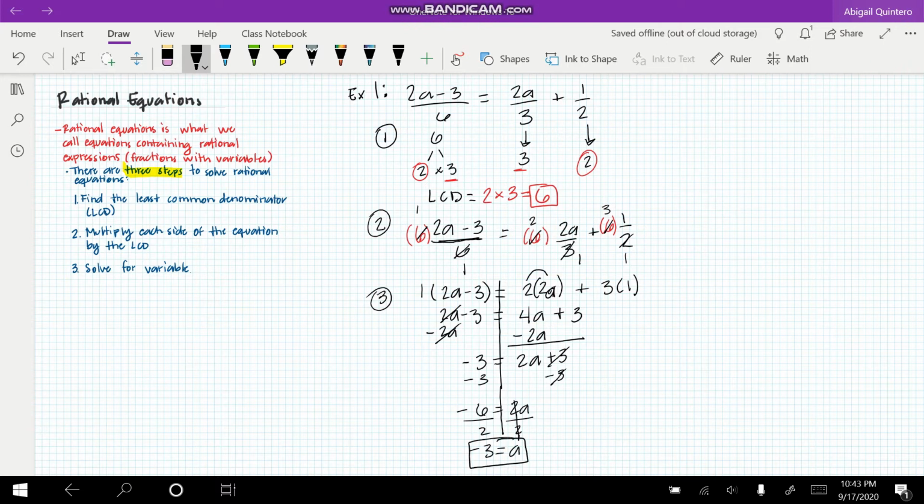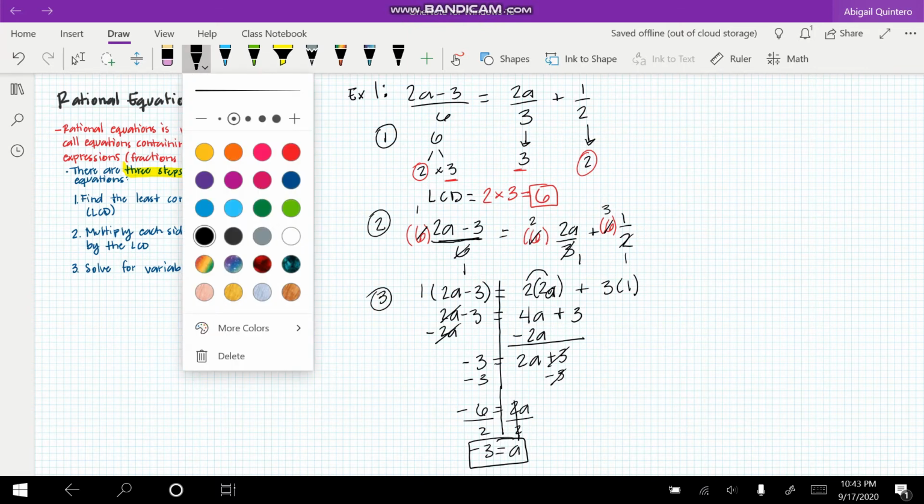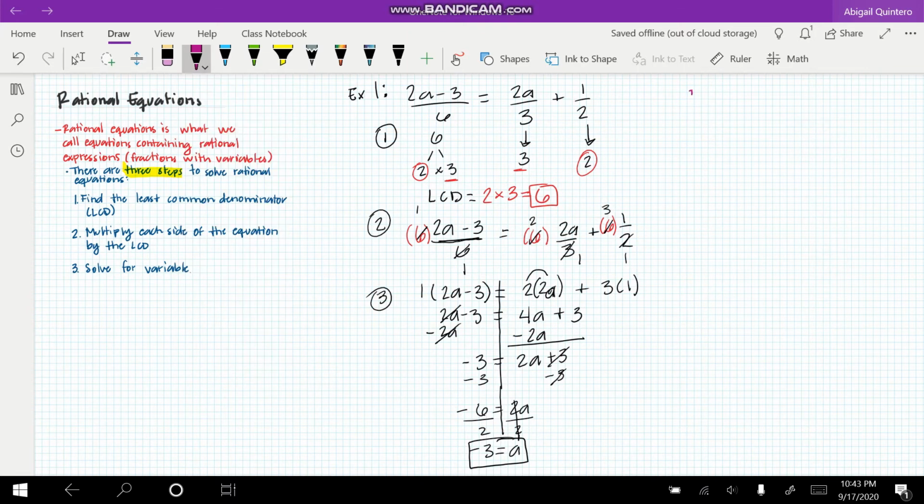Okay, so we found a value for it. Now let's go ahead and prove that this is an actual solution. How do we do that? We're going to plug in negative 3 into the original equation, and then we're going to check if whatever we get, it's true, right? If we get a true statement, that means that both sides of the equations have to be equal.